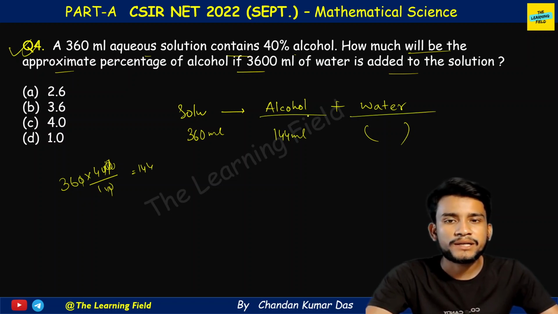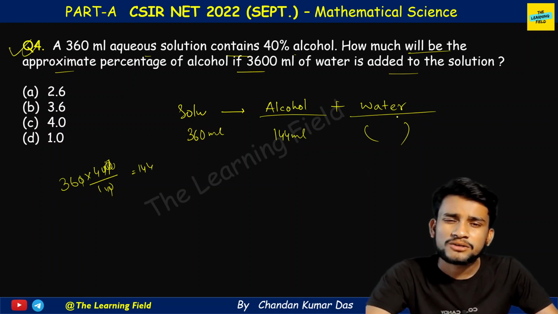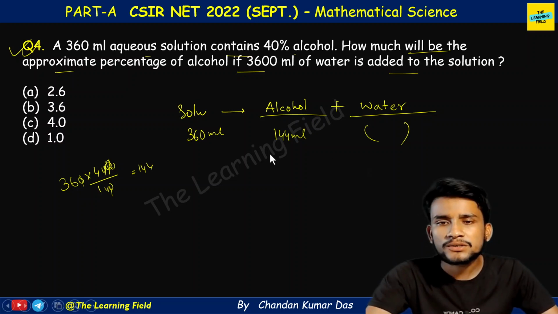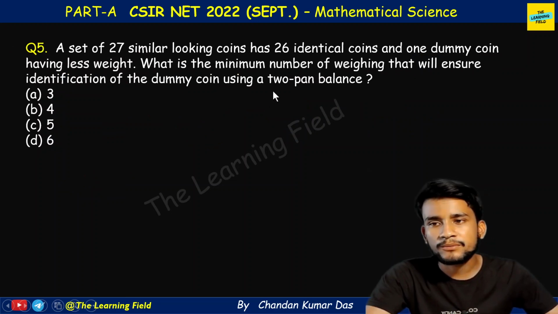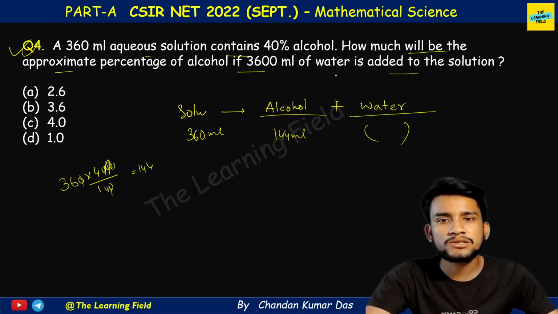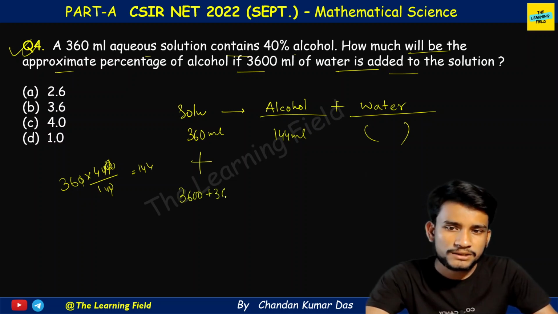So we don't have to calculate the water percentage. Now it says that if 3600 ml of water is added, the total solution will be 3600 plus 360 ml.